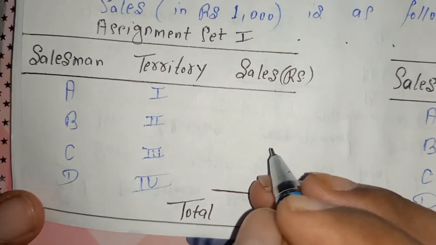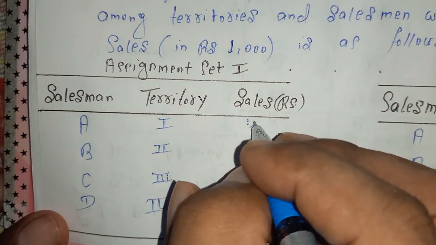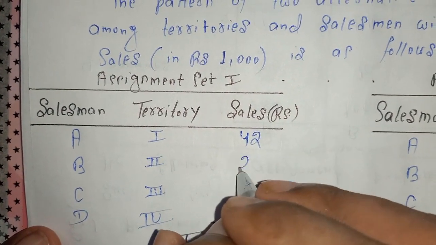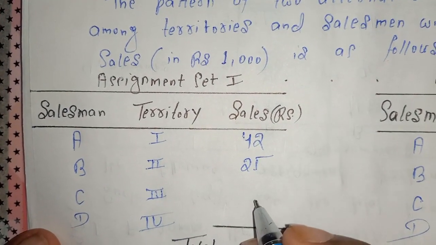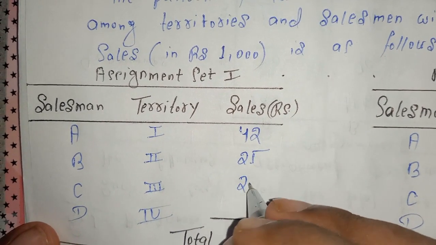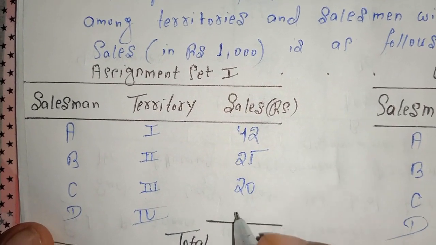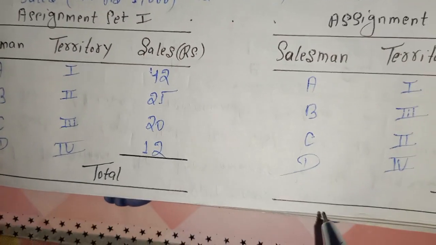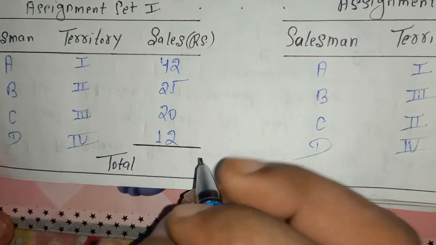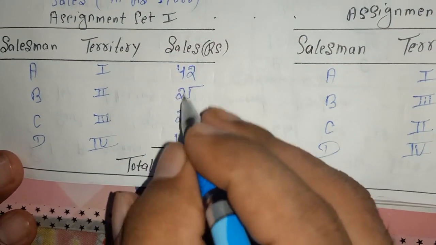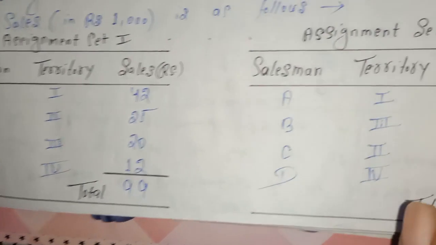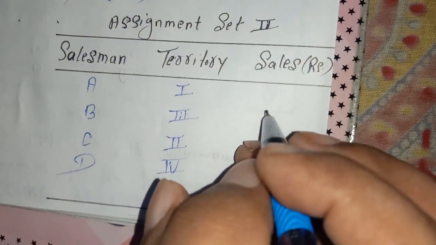In the first set, A first is 42, B second is 25, C third is 20, and D fourth is 12. And the total is 42 plus 25 is 67, plus 20 is 87, plus 12 is 99. Total is 99.